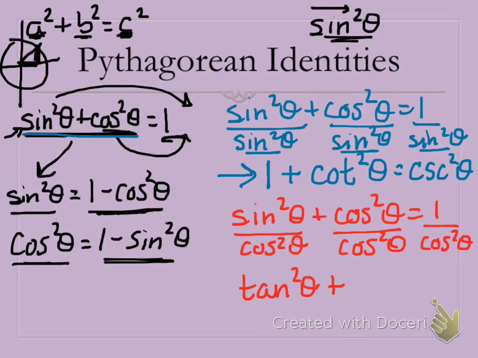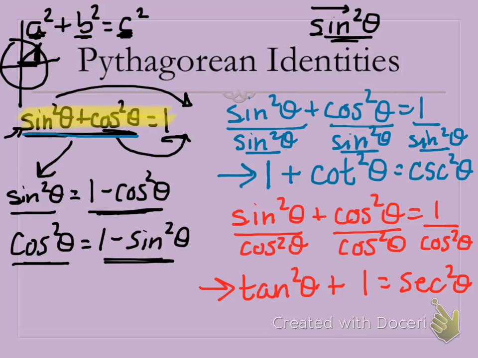The cosine squared over cosine squared will give me 1. And now the 1 over cosine squared will become secant squared. So this is another Pythagorean identity. So technically, we have 3 Pythagorean identities.